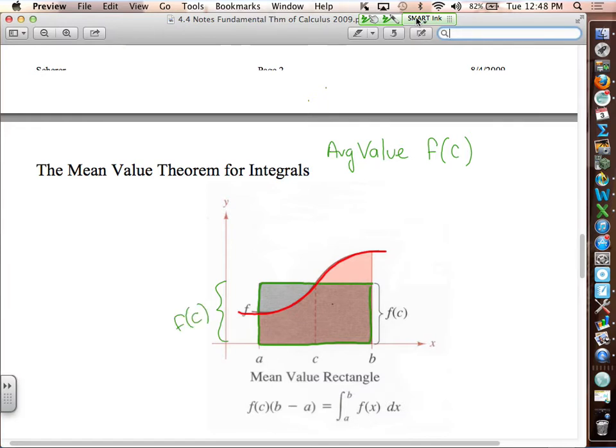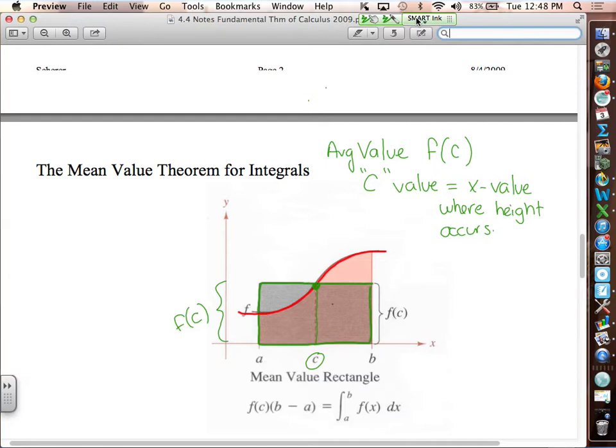And then the C value is that X value where the height occurs. So this C value, if I come up to that curve, where that C value occurs, it's the Y value that corresponds with that. So that's what the average value and the C value are that they're talking about.